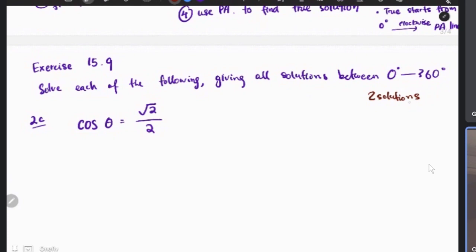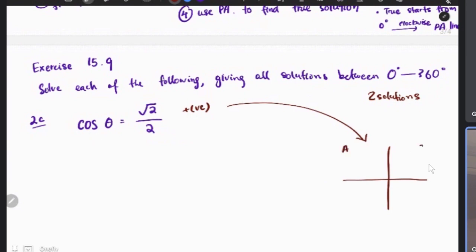Second thing is I'm going to read the equation. I'm going to recognize whether this is positive or negative. So this is positive. When I know it's positive already, this is a cos function.